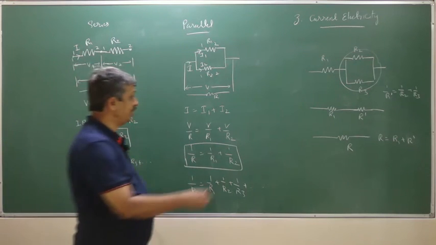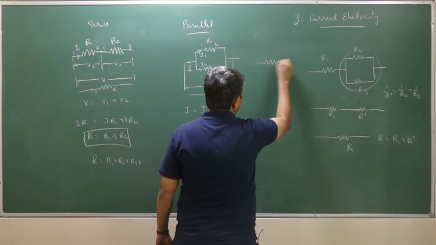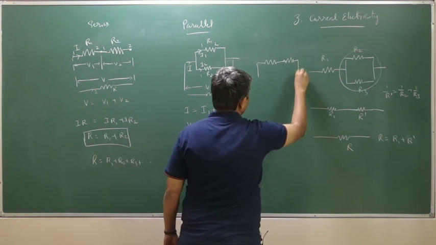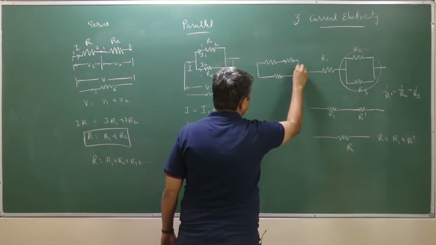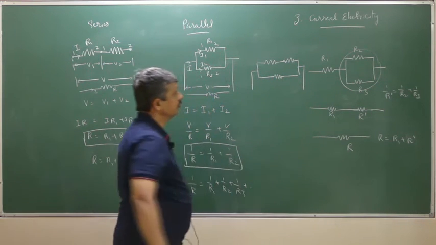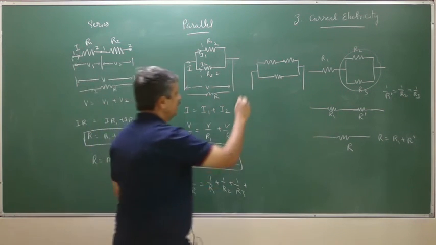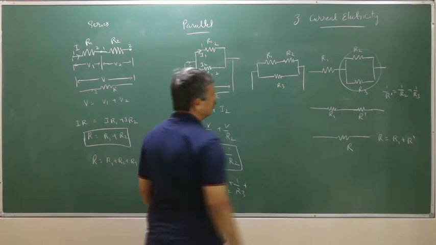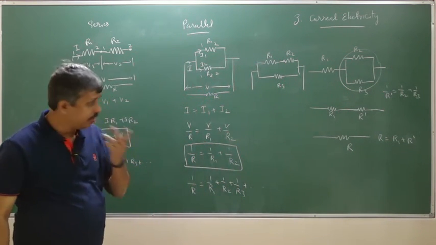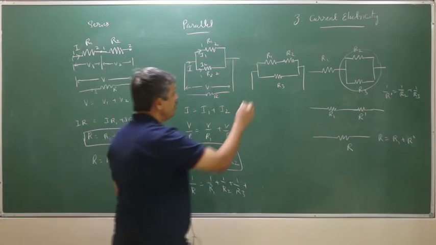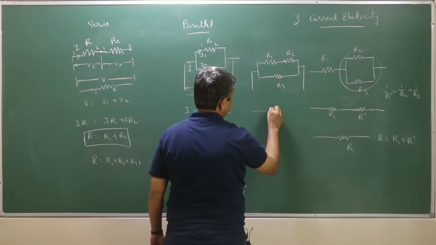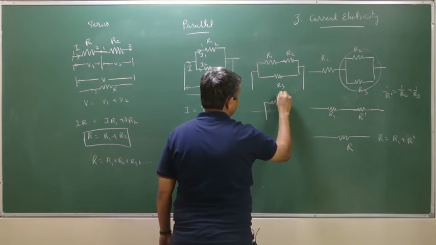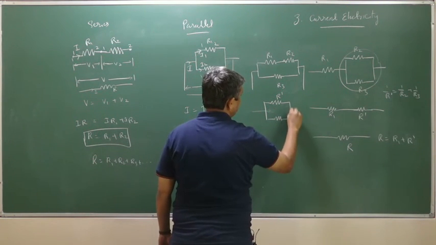What if you connect two resistances in series first and then in parallel with a third? How do you work with this? Let us say this is R1, R2 and R3. Here also it is the same thing. We will replace these two first with one single resistance, I will call it R dash, and then R3 here.